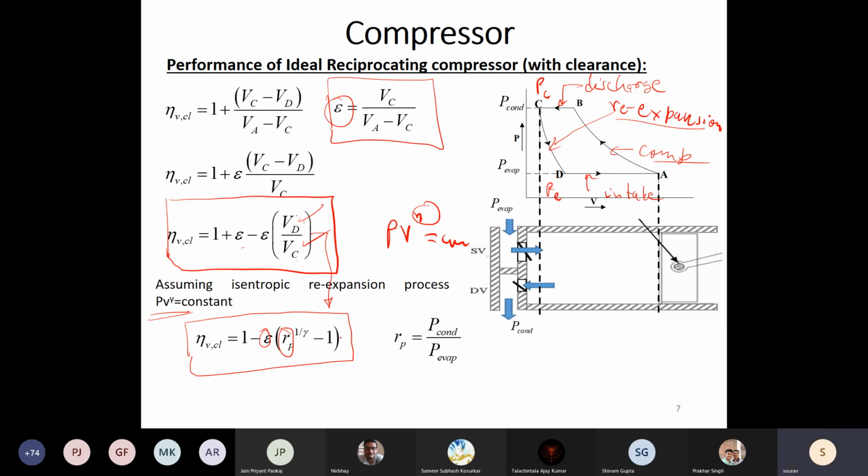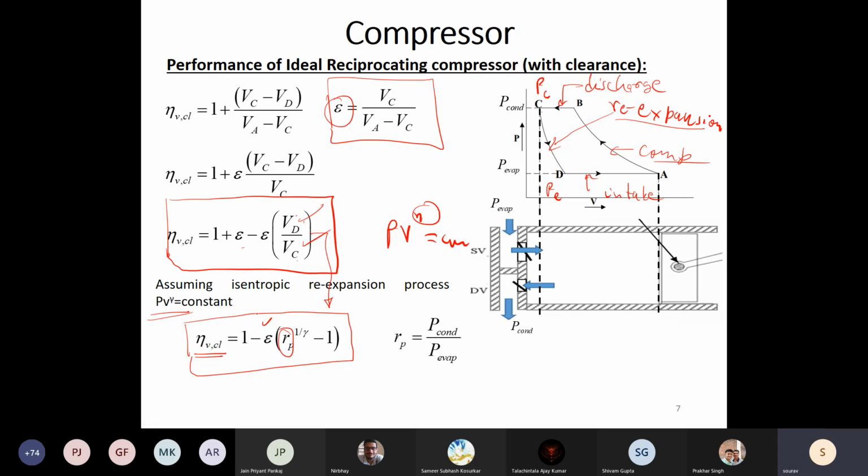From here you can realize that your volumetric efficiency, because of the presence of the clearance volume, so that's why two subscripts are provided, of course not only depends on the clearance ratio, which is a fixed geometrical parameter.